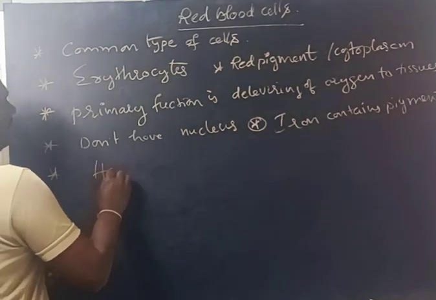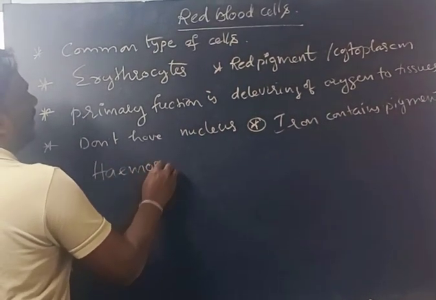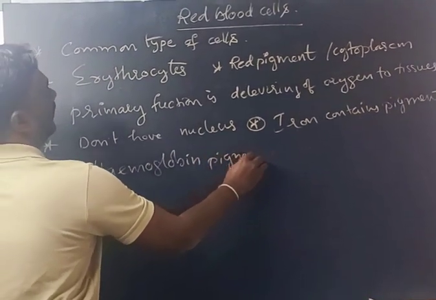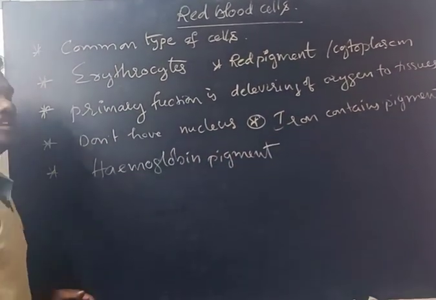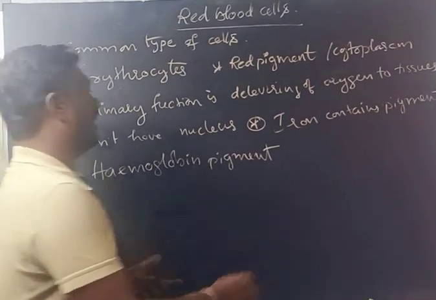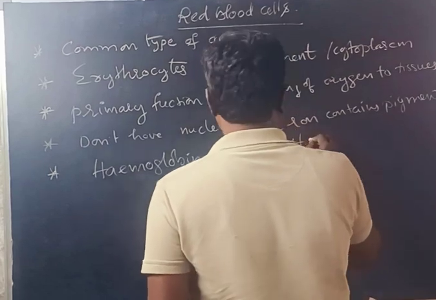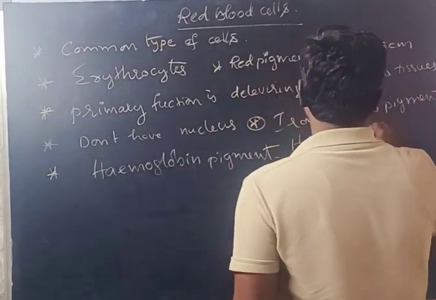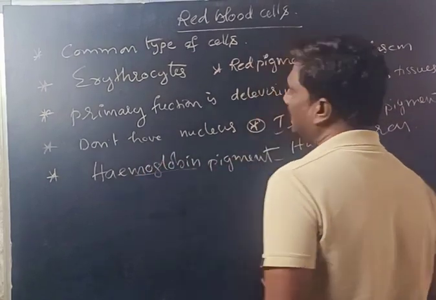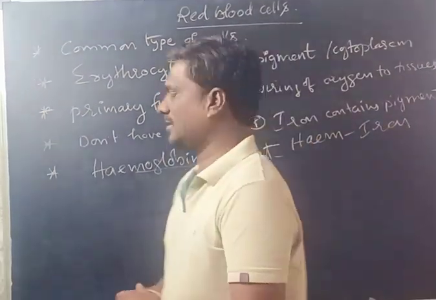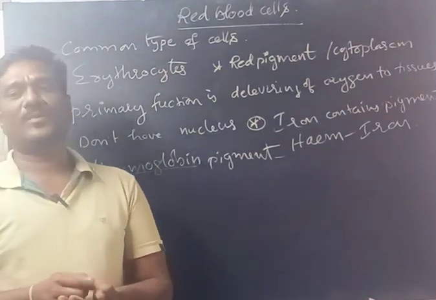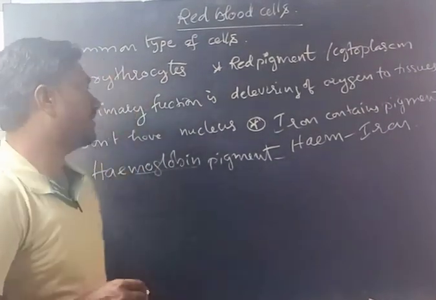Heme means iron, and globin means the pigment. That's why it is called hemoglobin.